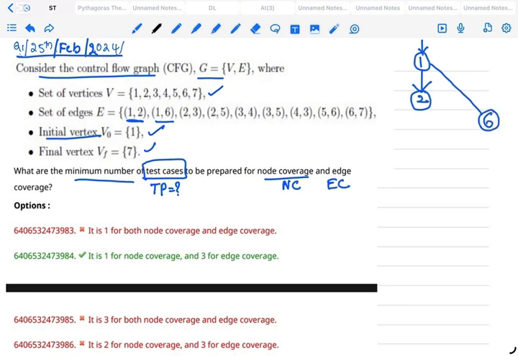and 1 to 6 there is an edge. So these are level 1 edges, that is, from node 1 to the next nodes, 2 and 6. And 2 to 3 is the next level, and 2 to 5 is also there.